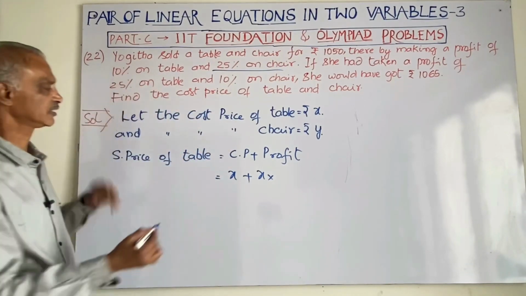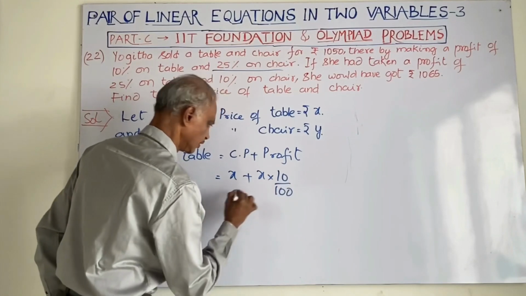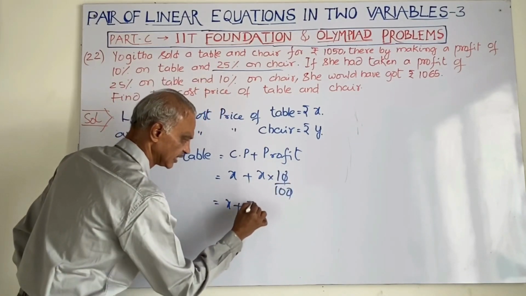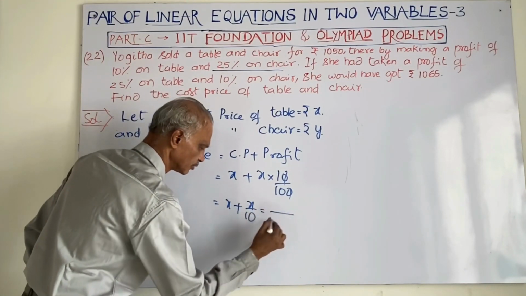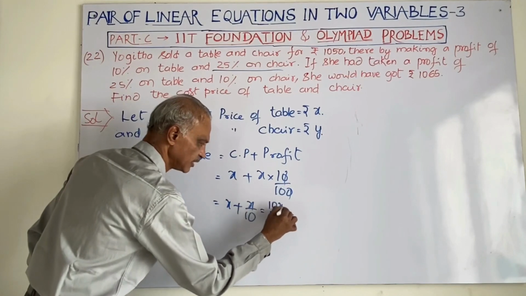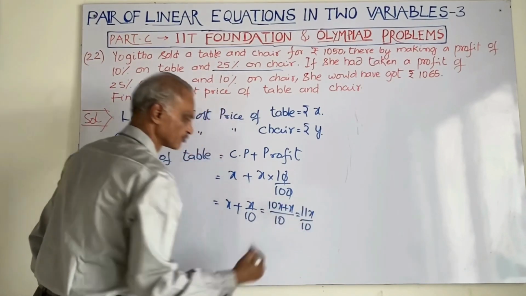Means what is the percent? 10%. 10 by 100. Now x plus x by 10 is equal to, 10 is the LCM, 10x plus x is equal to 11x by 10.